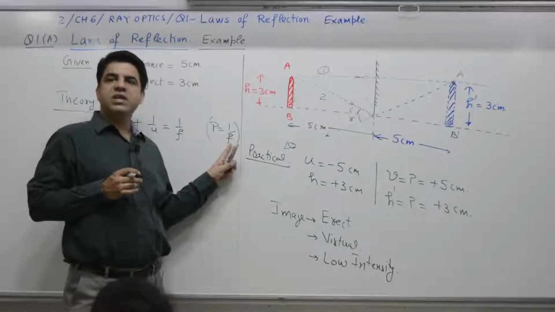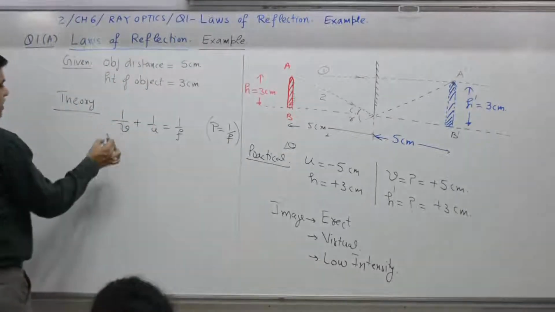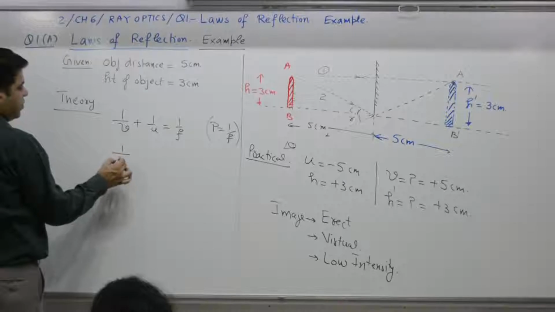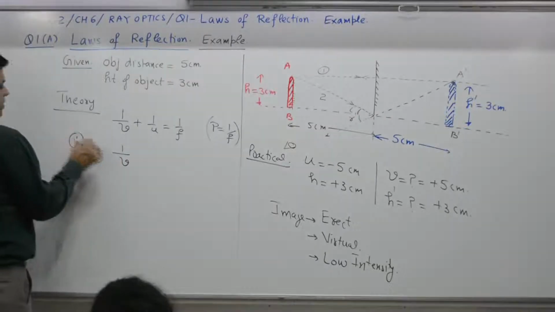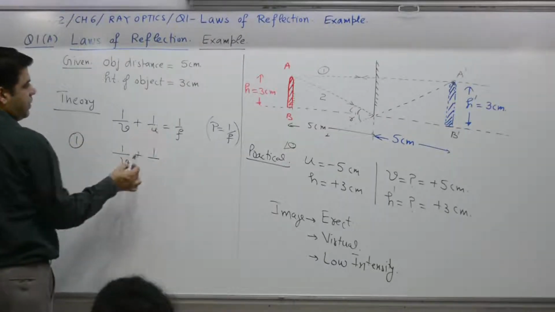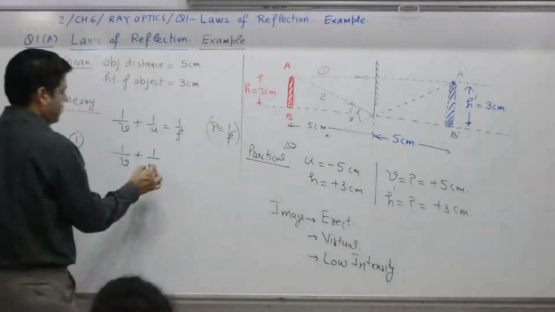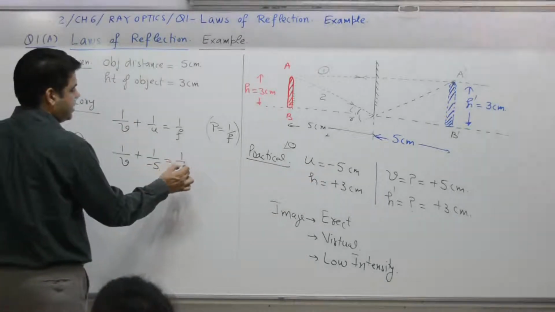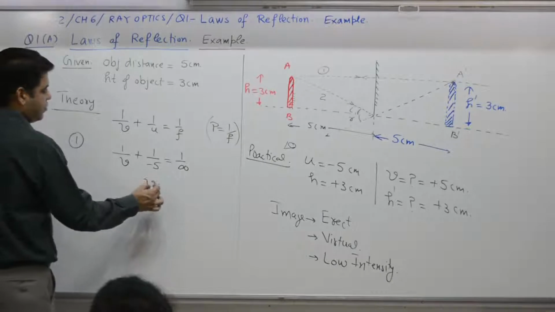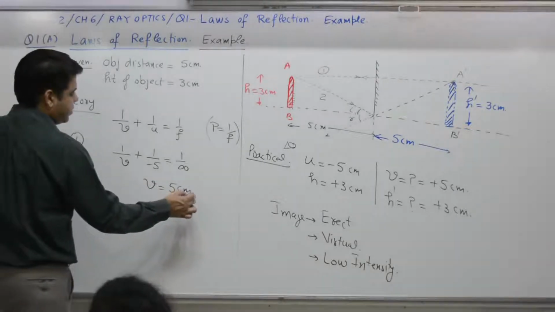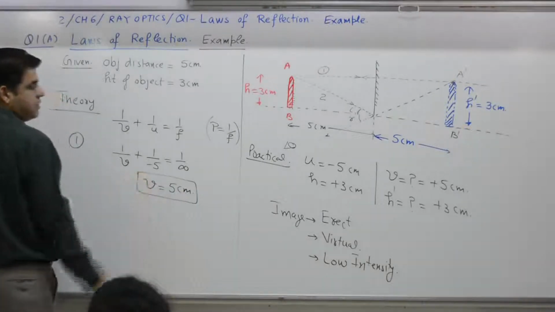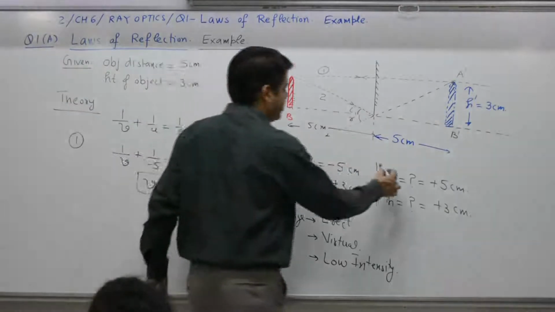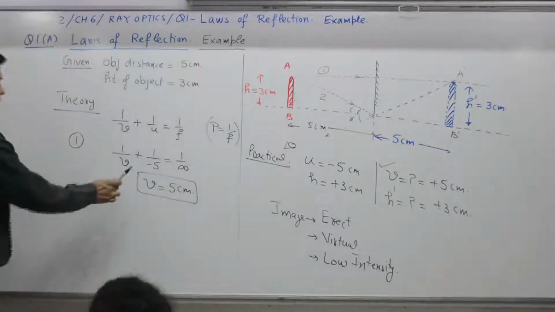Focal length is infinity. So in this one, if we put the values, V plus U was equal to -5, focal length is infinity. If you solve, what you get is V is equal to 5 centimeter. So this is your practical value, and this is your theory value.